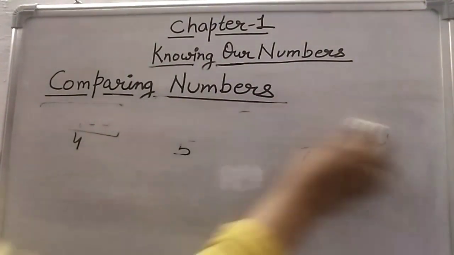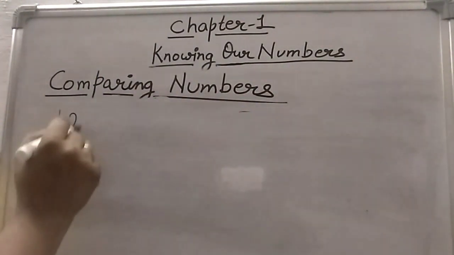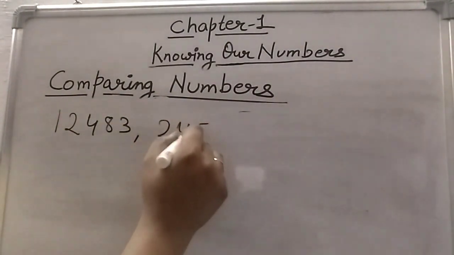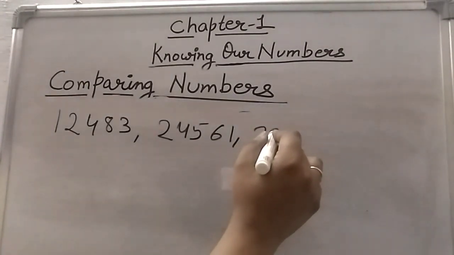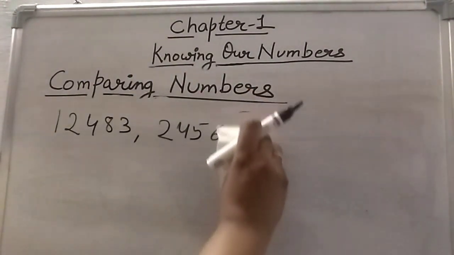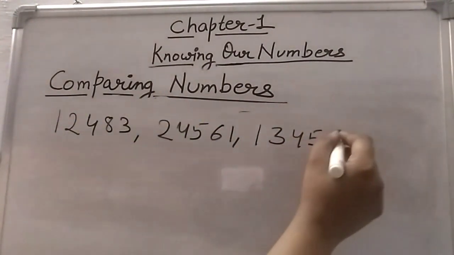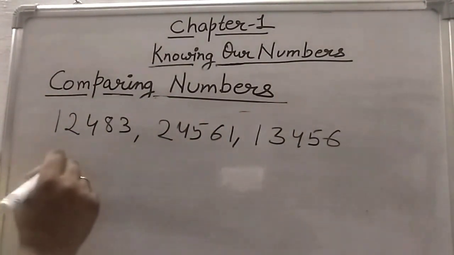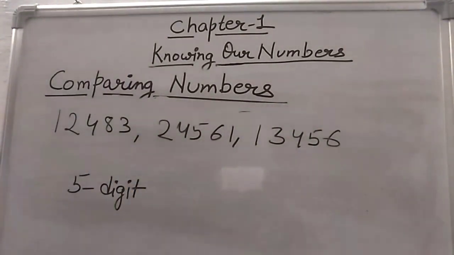Let's take another example. In this example, all the three numbers are 5-digit numbers. So we are not able to tell which is the greater one and which is the smaller one.